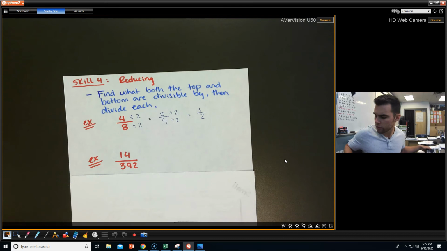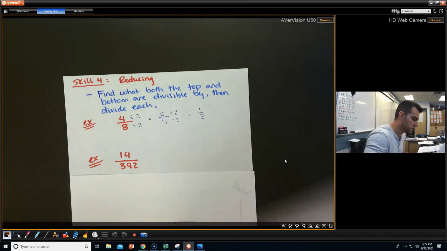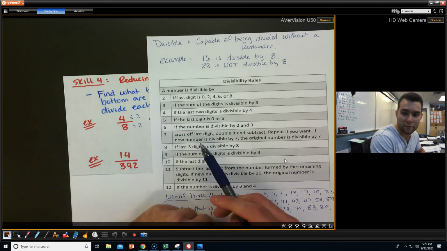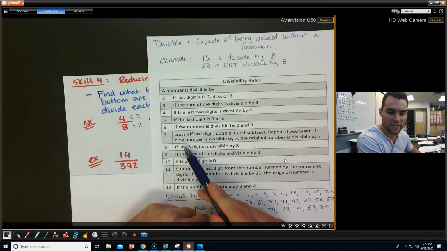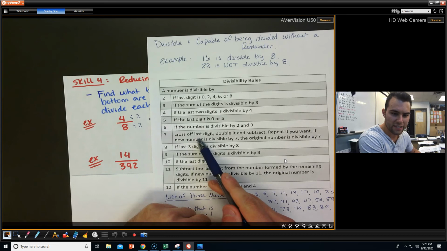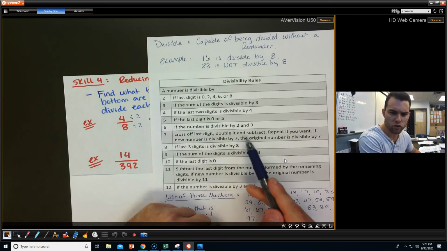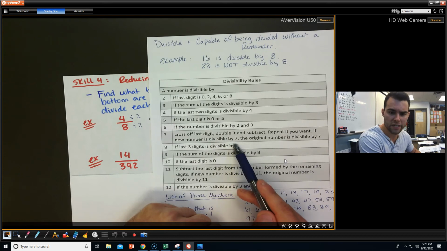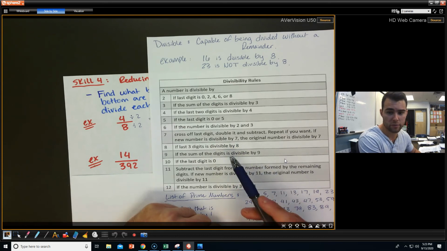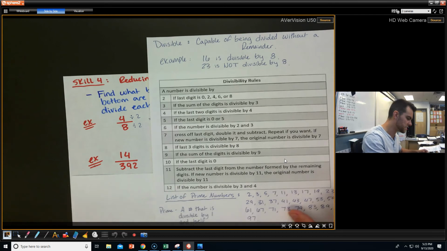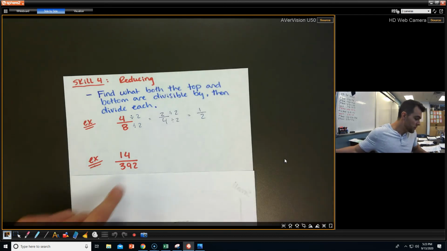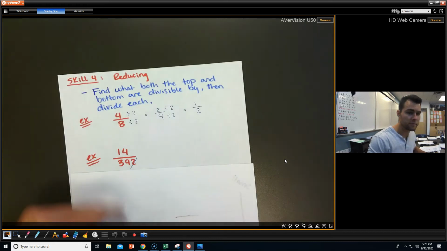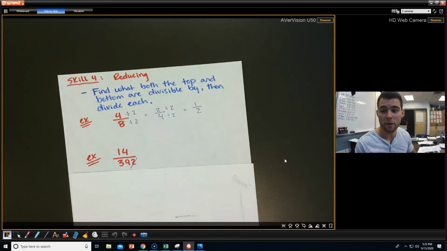I could also use my divisibility rules. For 7, it's kind of a lot, so follow along the best you can. You're going to cross off the last digit, double it, and subtract. If the new number is divisible by 7, the original number is divisible by 7. So I'm going to take this last digit, cross it off, then double it.